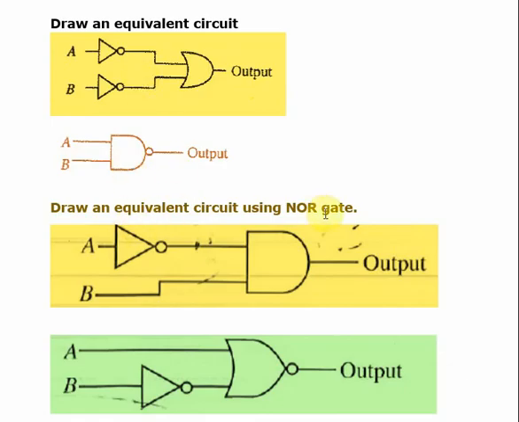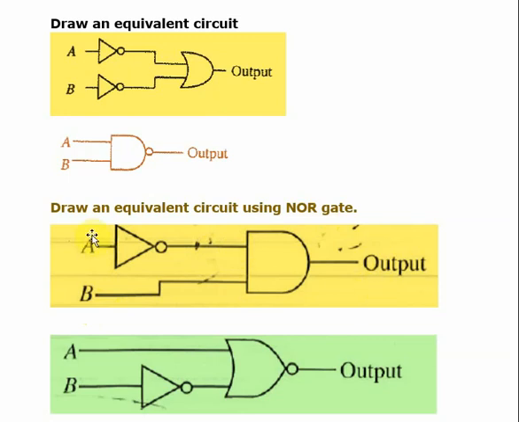Draw an equivalent circuit using NOR. Now this is the circuit. They are expecting us to redraw this using the NOR gate. This also is the same. You take A1 B1. What will happen? Here this becomes 0, no? Right? Then B1, 1 and 0 0.